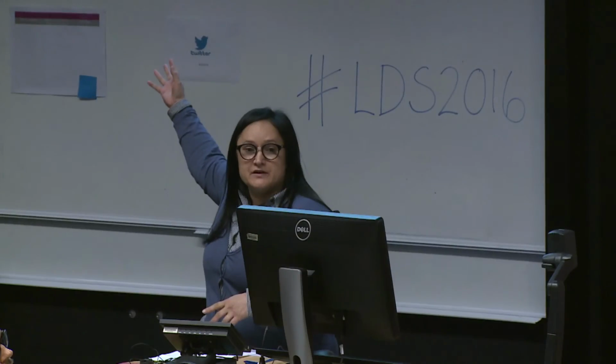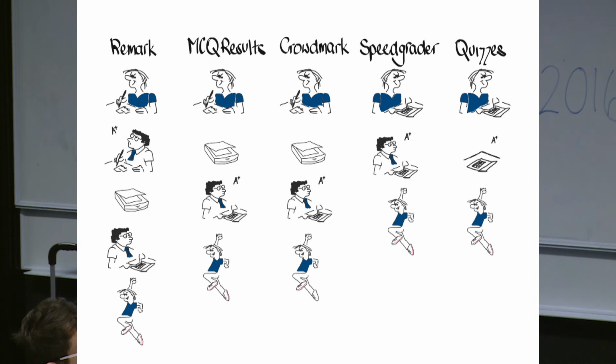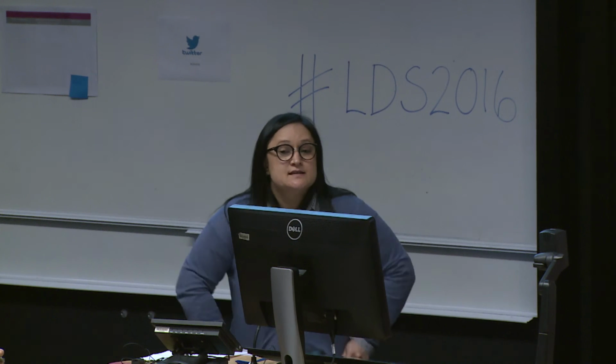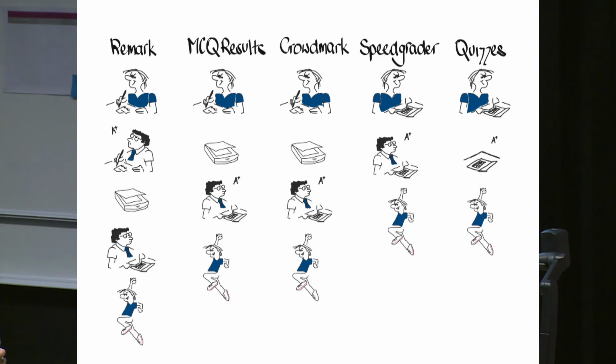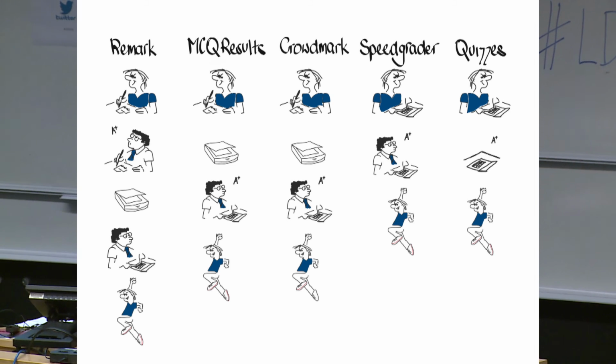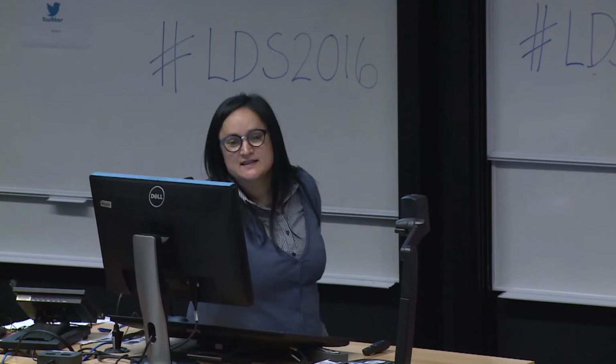So what we're describing here at the top layer is the student and how the assessment takes place. So you'll see that Remark, MCQ results and CrowdMark are manual assessments, whereas SpeedGrade and quizzes are online. The next phase, that's a late model scanner. It's very fast. So MCQ results and CrowdMark go into the scanner, and then they meet the lecturer who kindly marks an A+.